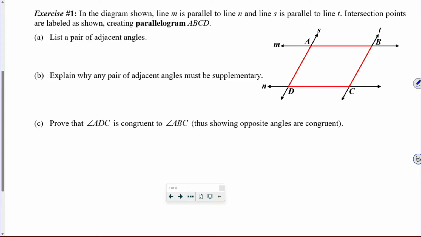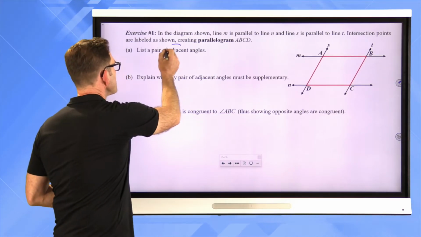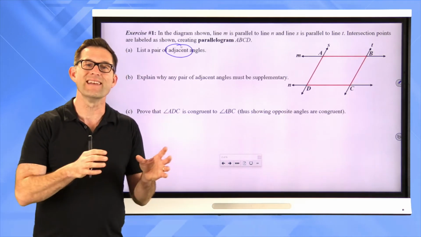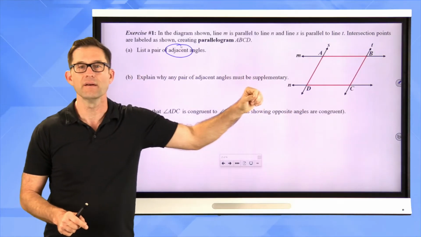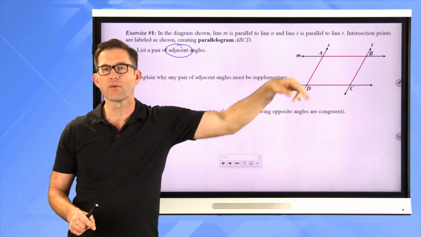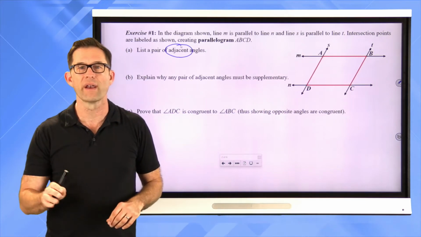Letter A, list a pair of adjacent angles. All right, now the word adjacent comes up a lot in geometry, right? Adjacent just means next to. So we have angle A, B, C, and D. You've got some angles that are opposite of each other, like A and C, and you've got other angles that are adjacent to each other, one right after the other.